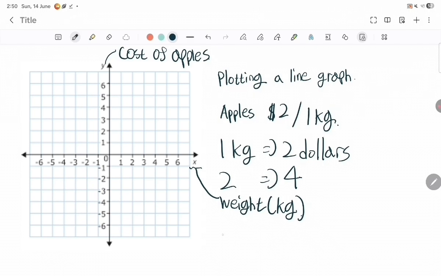So when x equals 1, y equals the cost that you have to pay when you buy 1 kilogram of apples. So it's like 2. When x equals 2, that means you want to buy 2 kilograms of apples, then you have to pay $4.